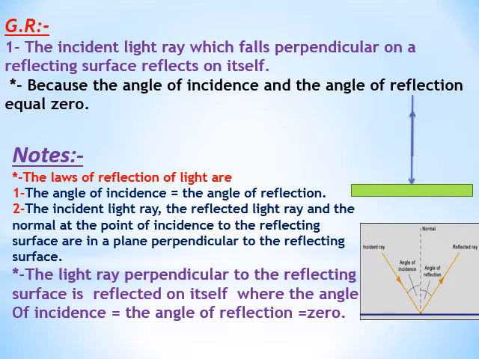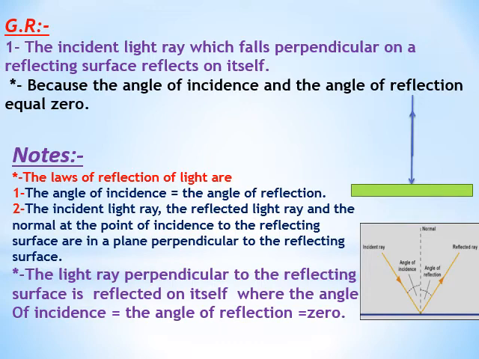The second law of reflection said the incident light ray and the reflected light ray and the normal perpendicular to the reflecting surface, all of them at the point of incidence, all of them lie in a plane. This plane is perpendicular to the reflecting surface.